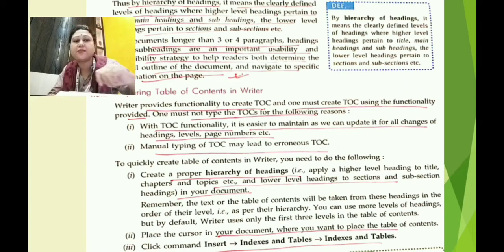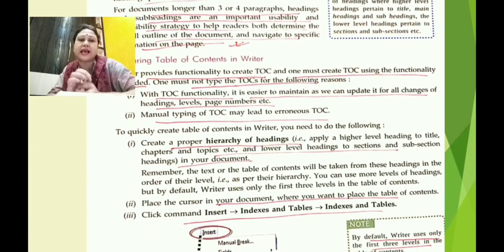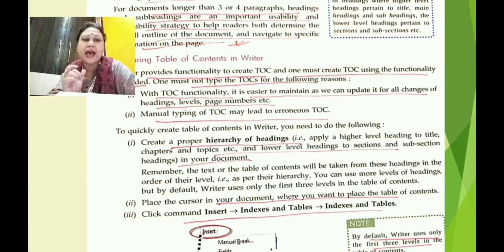Please remember that the table of contents will be taken from these headings in order of their level and as per their hierarchy. You can add more levels of headings, but by default Writer uses only the first 3 levels of heading in the table of contents, that is level 1, level 2 and level 3.